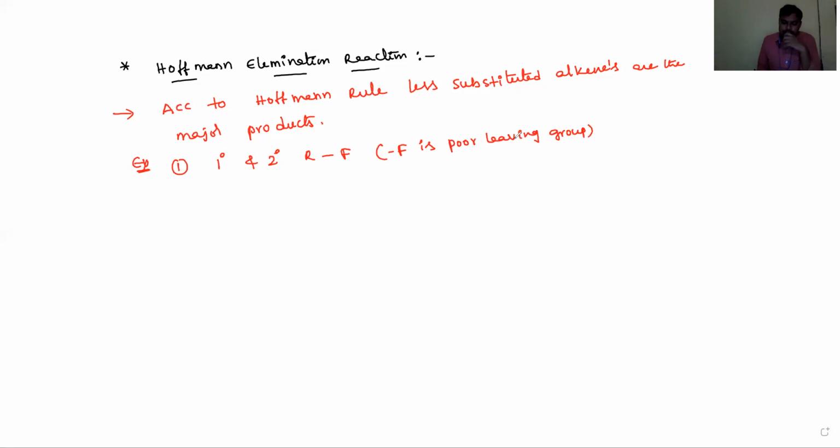So primary and secondary alkyl fluorides on dehydrofluorination form the Hofmann product.